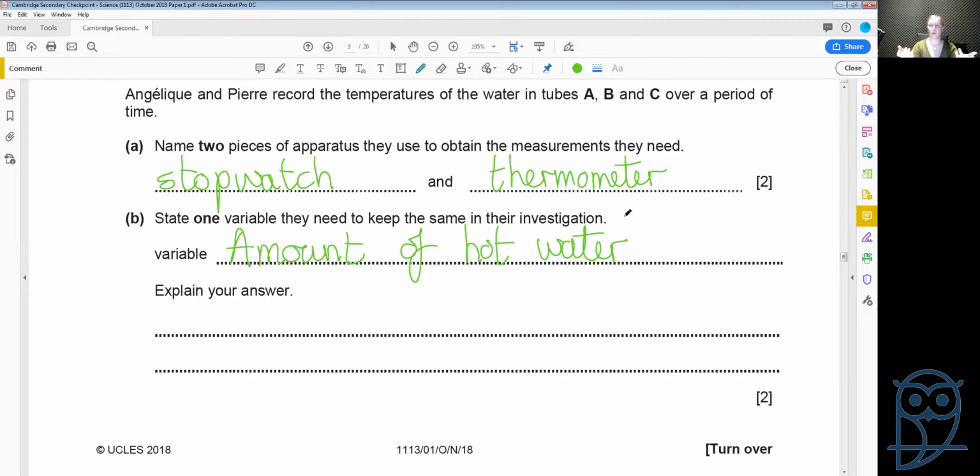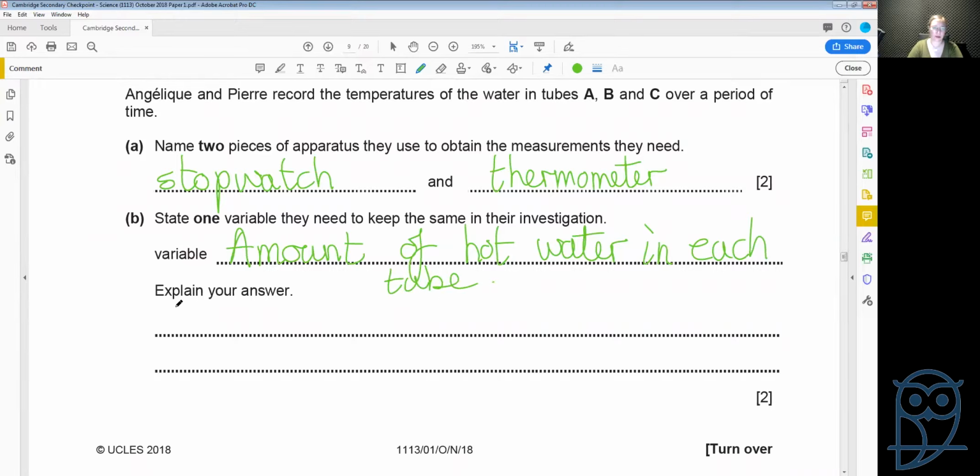The amount of hot water needs to be the same, because if you have a smaller volume of hot water, it will actually cool down quicker. So we want to keep the amount of hot water the same in order to not have that be a factor in our investigation. So let's do that. So this is in tube.